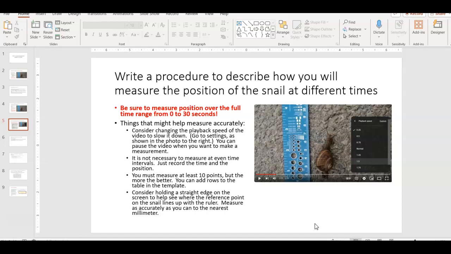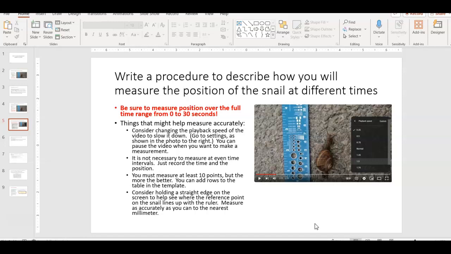You could take a data point at 0.6 seconds, and then 1.2 or 1.3 seconds, and then 1.9 seconds, 2.4 seconds. But the important thing is to record the accurate time when you take a position measurement. And you must measure at least 10 points, but the more the better, really. If you want to, just add rows to the table in the template and take more data points.